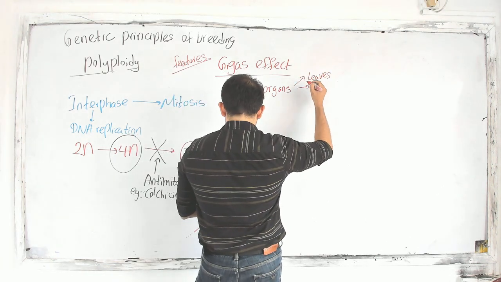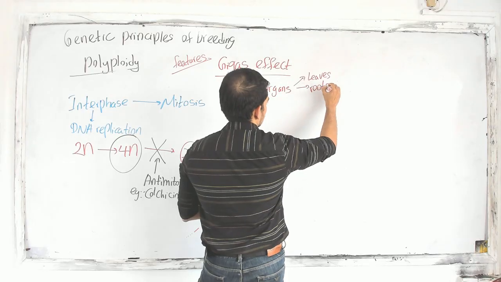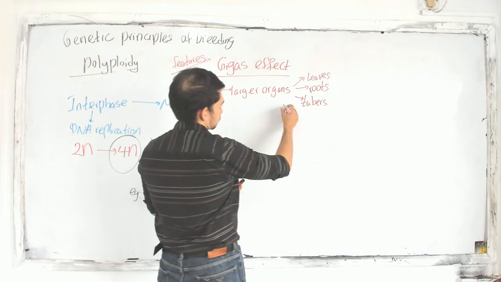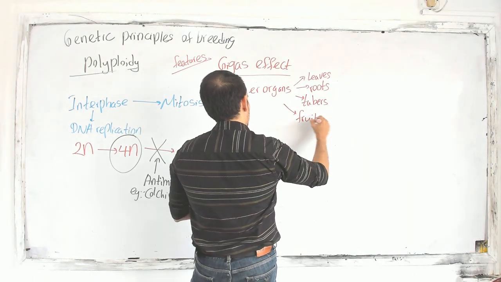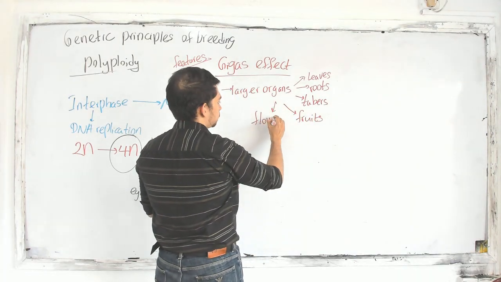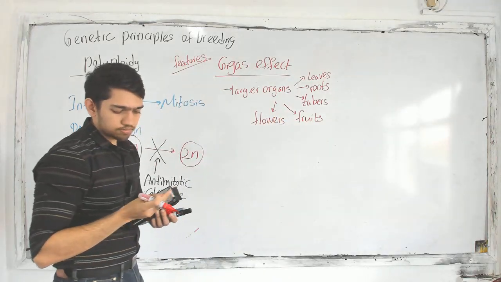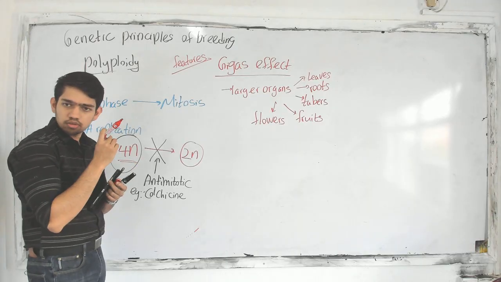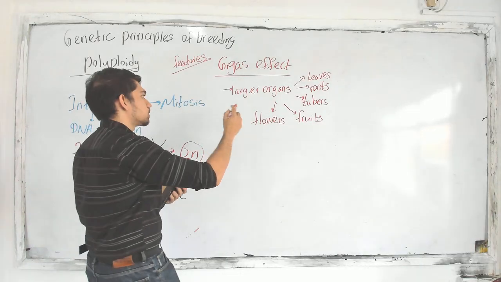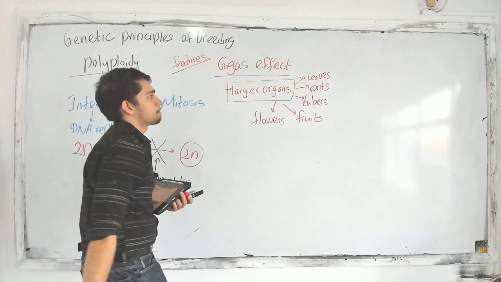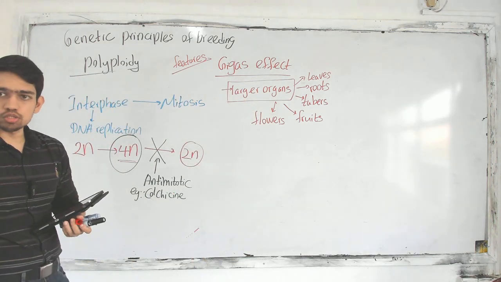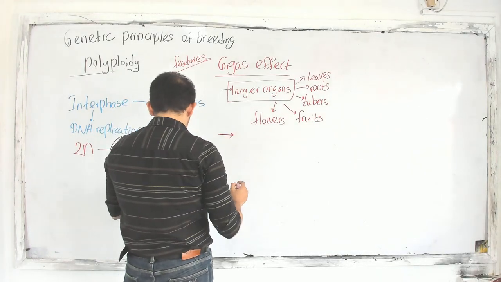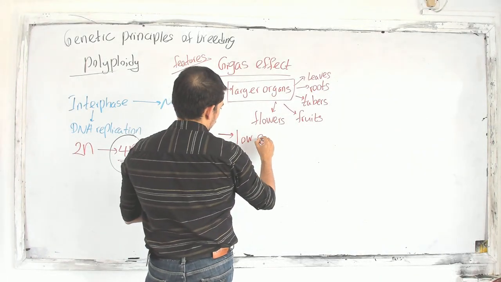Leaves, roots, tubers, fruits, flowers can be bigger in polyploids. Why? Because they have more DNA copies, so their organs are going to be bigger. Another advantage is a low growth rate.